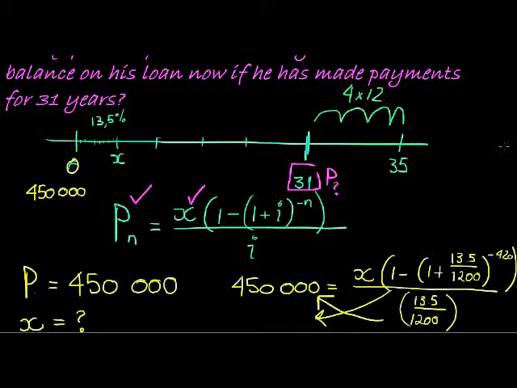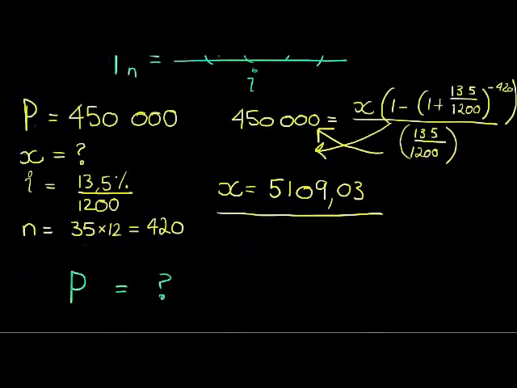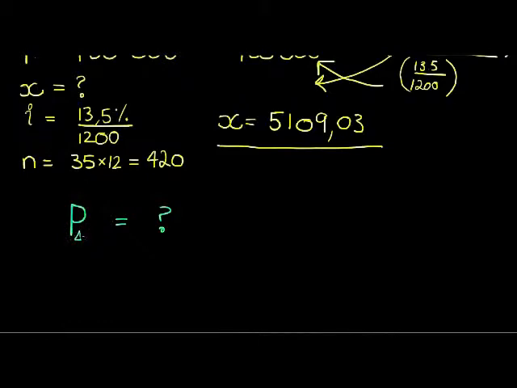So there are still 48 payments left. So we are working out the present value. If 48 payments are left, we don't know what that value is, but we know what our recurring payment is this time. We are still paying the same amount. This is a constant amount.